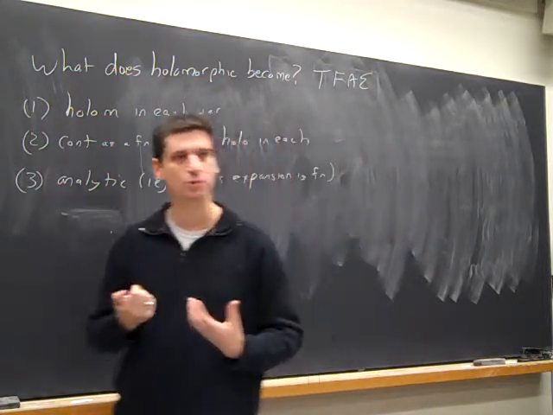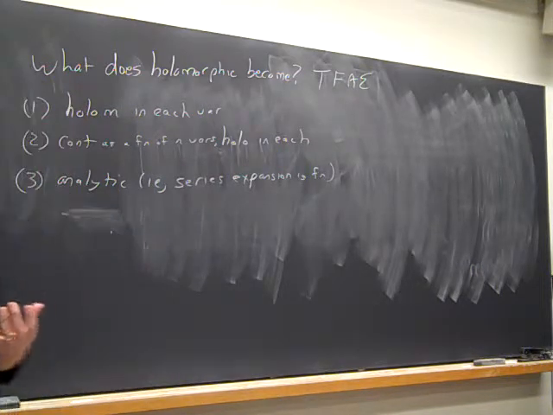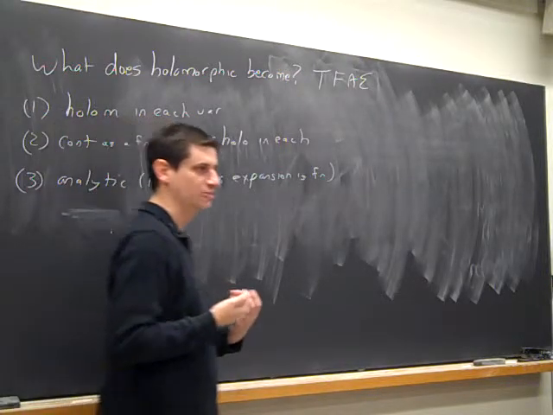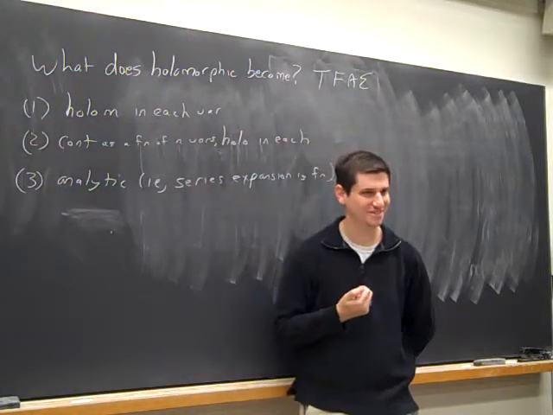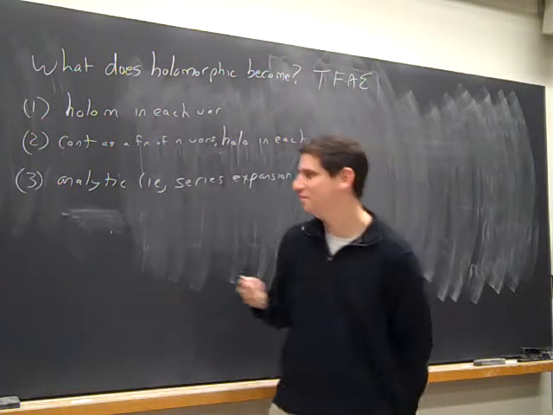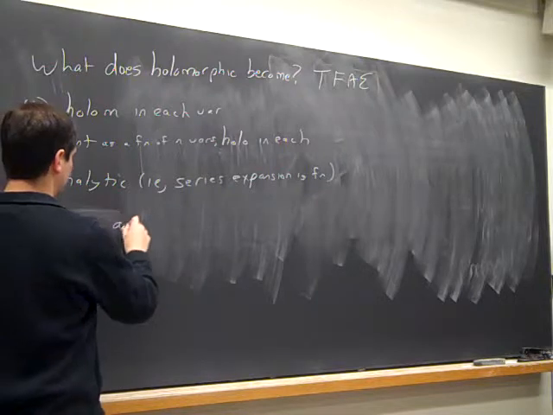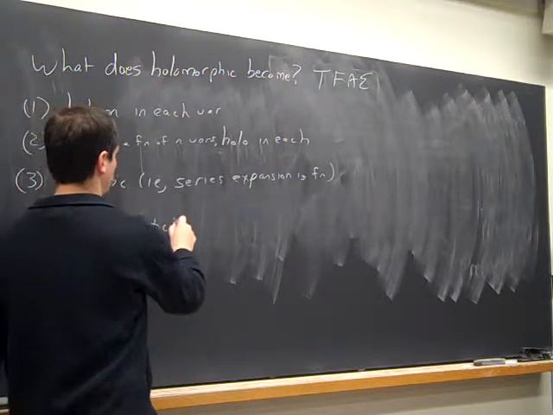So let's say I have a holomorphic function. What theorem did I use to get my series expansion? It's on the board if that helps. Cauchy's theorem. So remember, holomorphic equals analytic. What did we use?